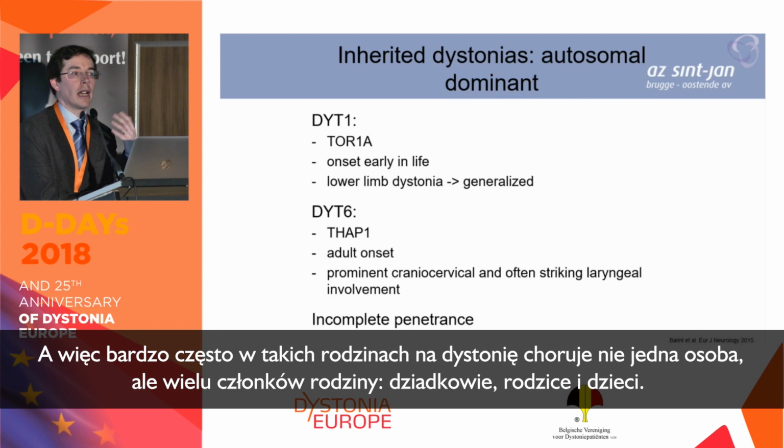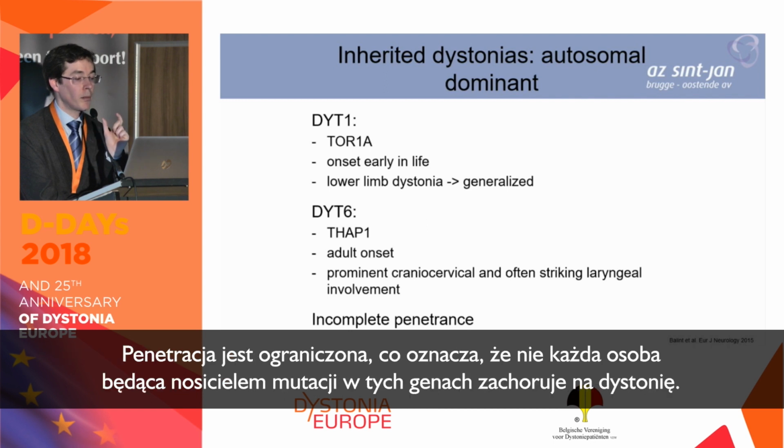So very often in these families, there's not only one member with a dystonia, but there are typically several members in the grandparents, the parents, and the children that do have a dystonia. The penetrance is incomplete, so that means that not everybody who is a carrier of a mutation in these genes will also develop a dystonia.